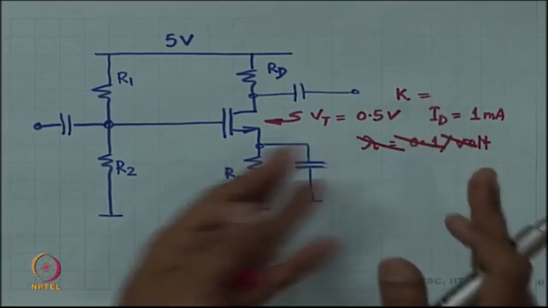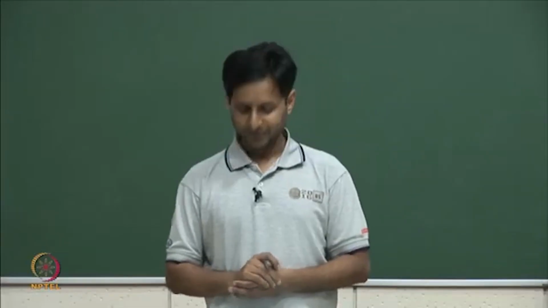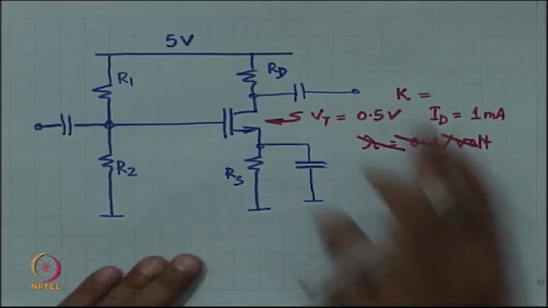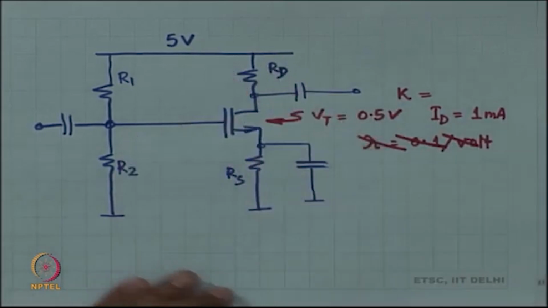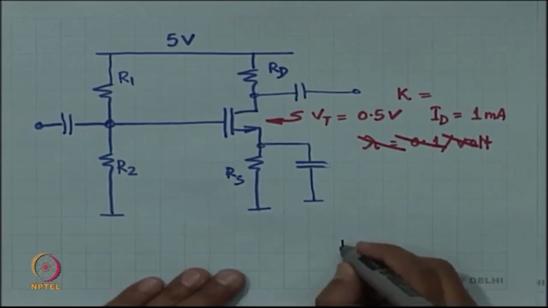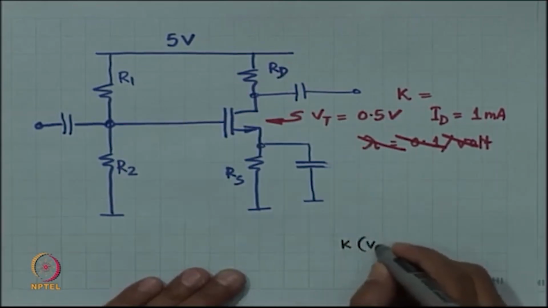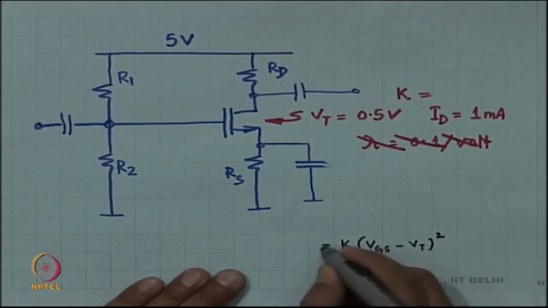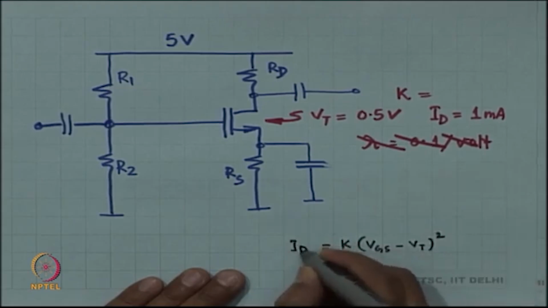I am trying to construct this problem for you from the top of my head. So, therefore, let me tell you what my thought process is. K times VGS minus Vt the whole squared is ID in the flat region.